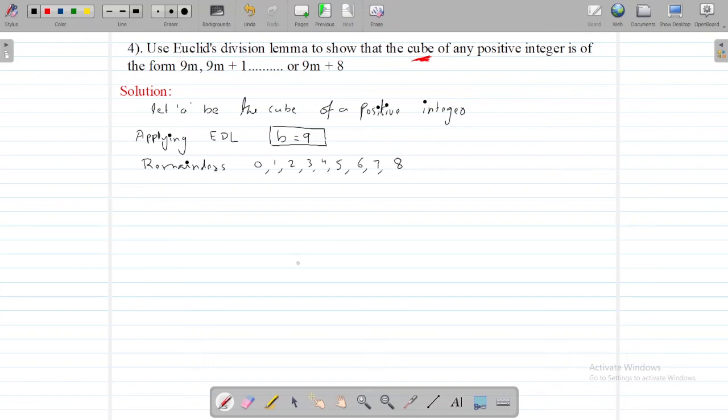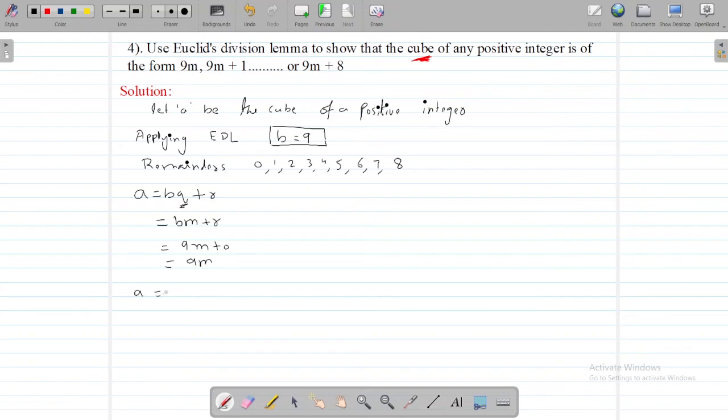So these are my remainders. Therefore, we can write a is equal to bq plus r. Now in place of q, I am writing m, so a is 9m plus 0, that is nothing but 9m.